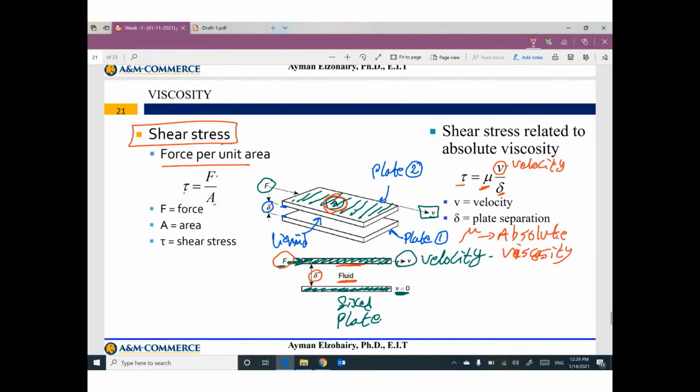So if you have this experiment in a problem, you need to understand we are looking for the distance between the two plates, delta, the applied force, F, the area of this plate, and the velocity of the movable plate. Then we can figure out the shear stress between the fluid and the plate, equal to force divided by area, and this shear stress can be used to figure out the absolute viscosity or the velocity.